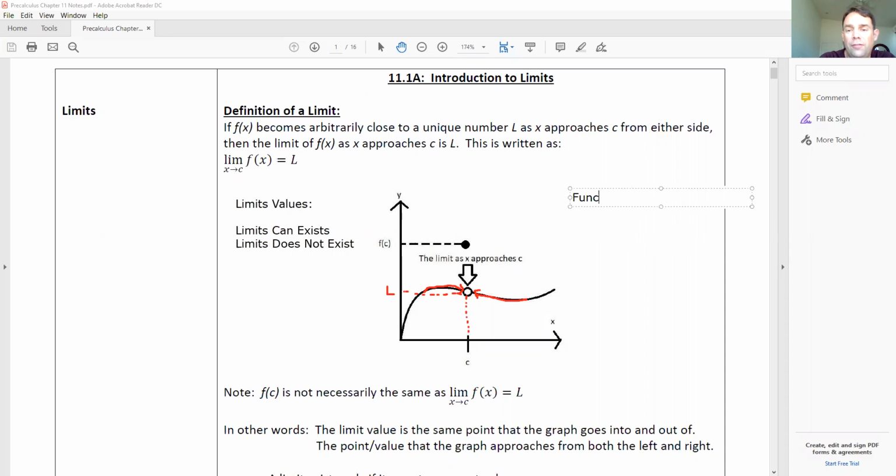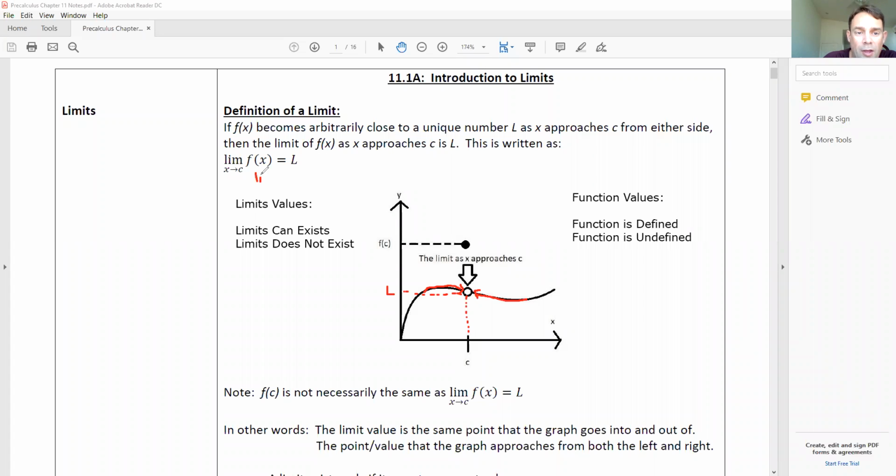And then we also have function values. Function values are either defined or undefined. So that's something we need to remember as we go through this whole idea. We're going to be dealing with two different things, function values and limits. Primarily, we're going to be dealing with limits.